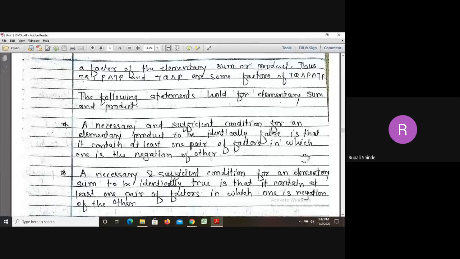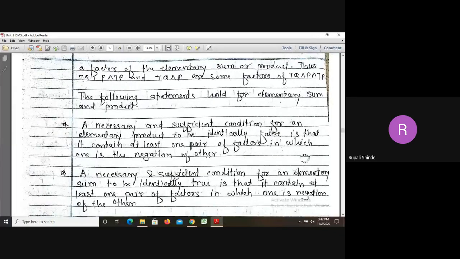When can we say that the value of any formula becomes false for this conjunction operation? For the product operation, when will the final value be false? What are the possible conditions? Either both values should be false, or the value of one variable should be false.